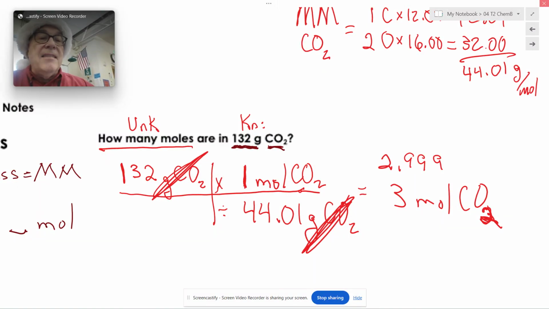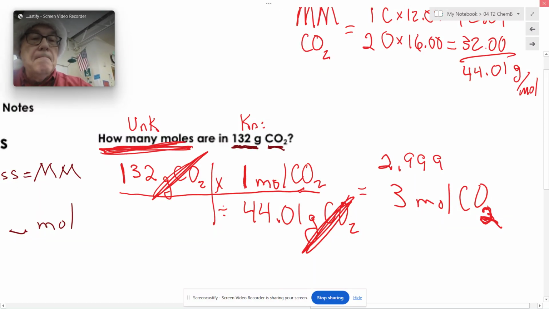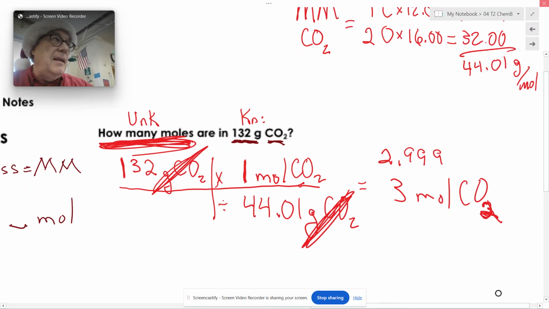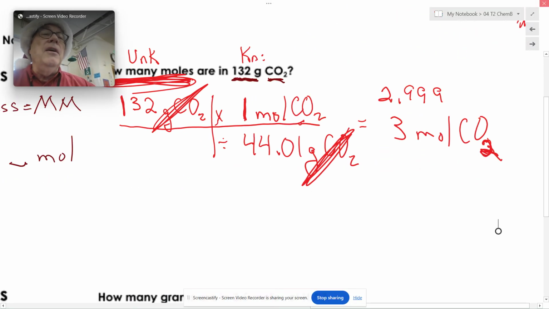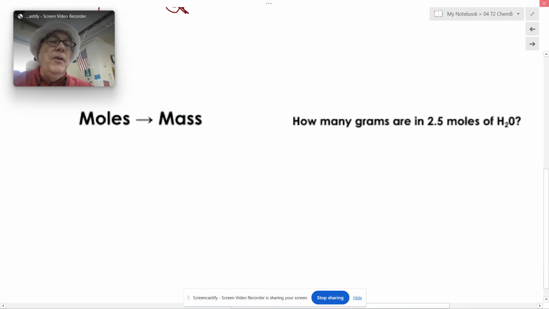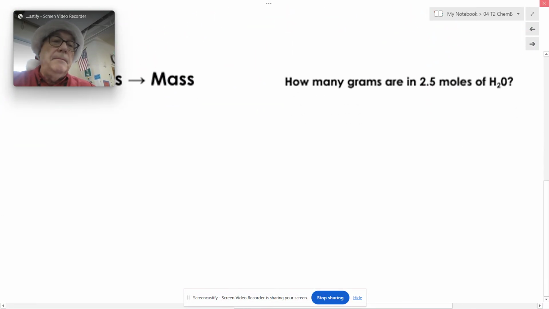So that's how we find how many moles are in 132 grams of carbon dioxide. Now you're going to find the skill may not be from converting moles to grams or grams to moles. It may be totally different, but it's still going to be this dimensional analysis. It's a useful thing. Okay.